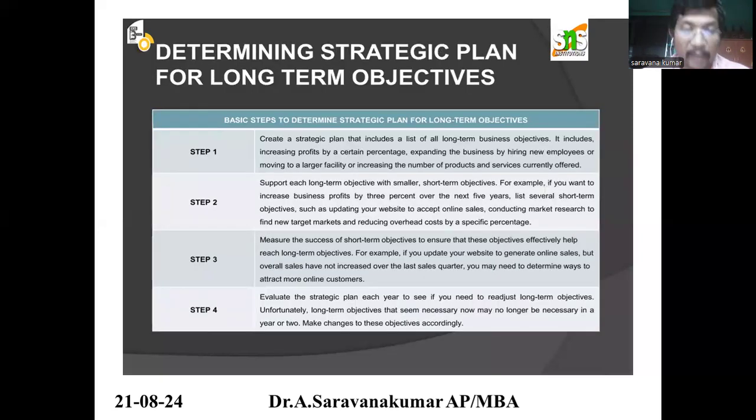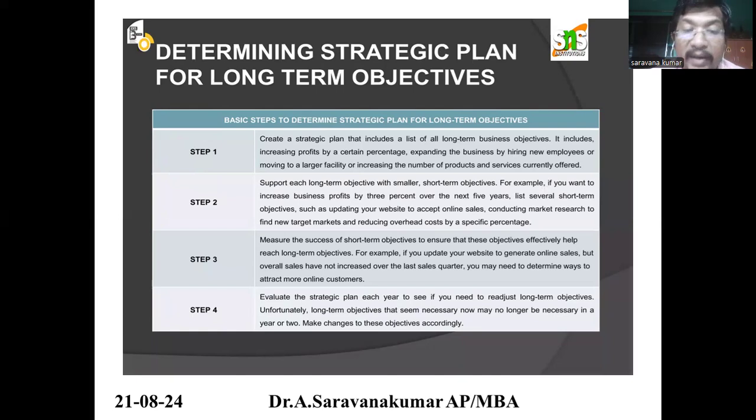So, determining a strategic plan for long-term objectives. Basic steps to determine a strategic plan for long-term objectives. Step 1, create a strategic plan that includes a list of all long-term business objectives. It includes increasing profit by a certain percentage, expanding the business by hiring new employees or moving to a larger facility, or increasing the number of products and services currently offered.